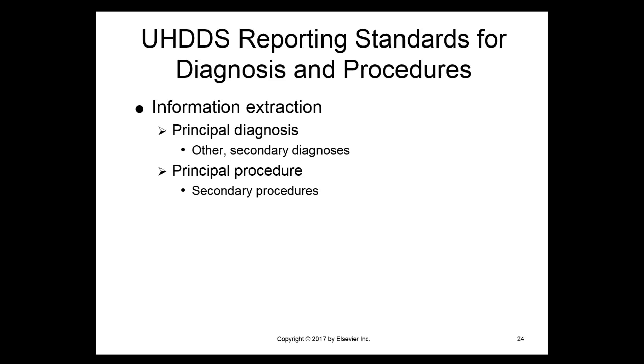Then your book tells you that sometimes it's not really easy to identify the principal diagnosis. There could be a secondary diagnosis that utilizes more resources, but that doesn't mean it's the principal diagnosis. So let's look at this example. The patient came in for coronary artery bypass surgery with a diagnosis of coronary artery disease.